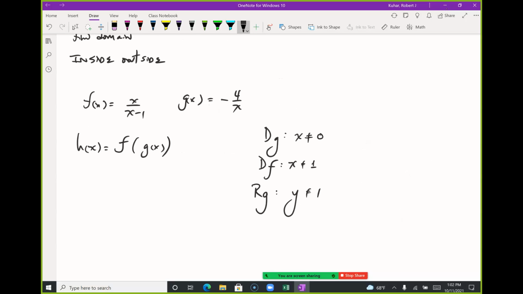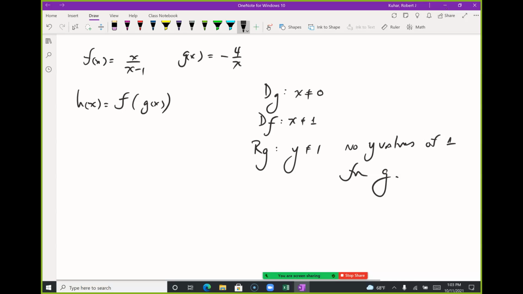So the key here is no y values of 1 for g. And it's going to be this way every time. I have to think of the domain of g, the domain of f, and then the range of g. And I have to make sure the range of g jives with my domain of f.